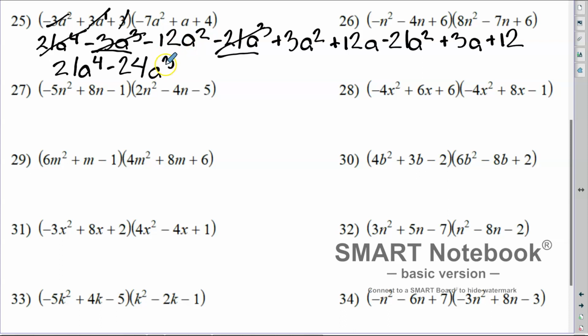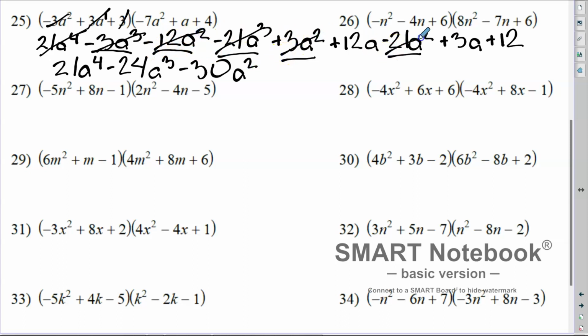One less than a cubed is a squared, so I've got this guy, this guy, this guy. This gives me 9, and this gives me negative 30 a squared. Scratch it off.